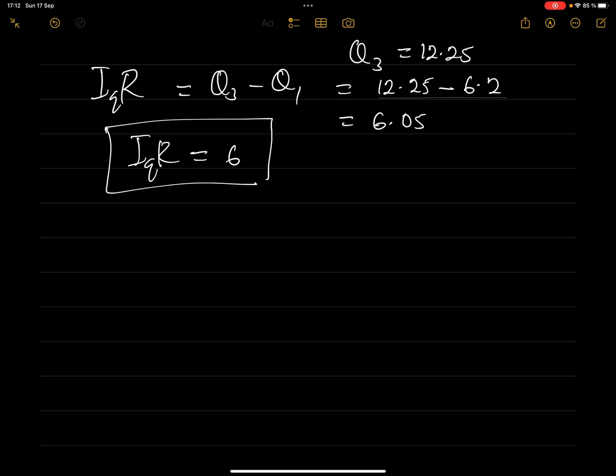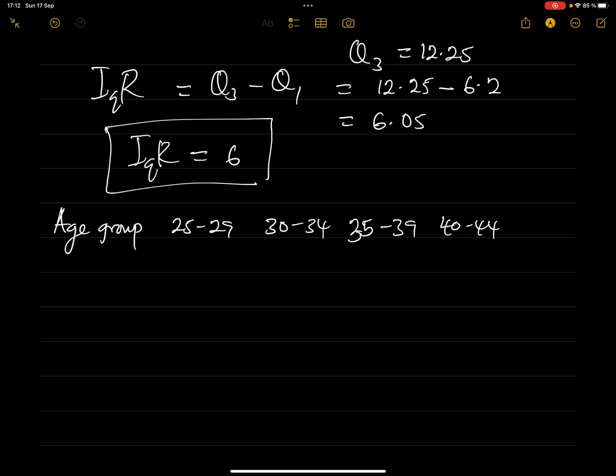Then we have the age group: 25 to 29, 30 to 34 in years, of course, 35 to 39, 40 to 44, then 45 to 49.